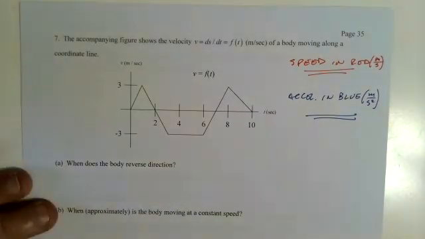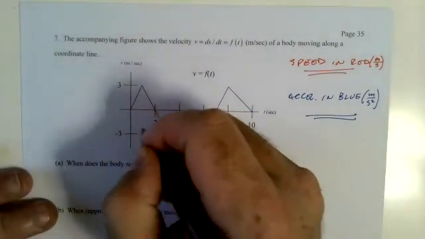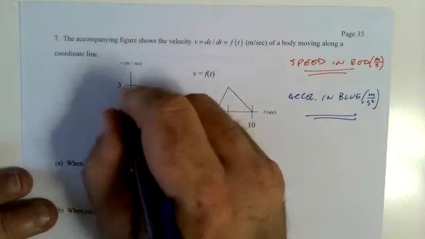Acceleration will be easier for me. 3 over 1 is just 3.